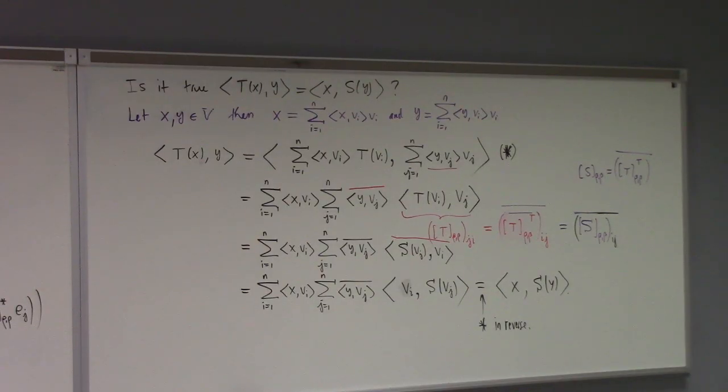If we think about V being R^n with dot product, and we talk about left multiplication by A as the typical mapping from R^n to R^n, we're asking the question: L_A of x dot y is supposed to be equal to x dot L sub A star, whatever that is, of y. What do you think that's going to be?